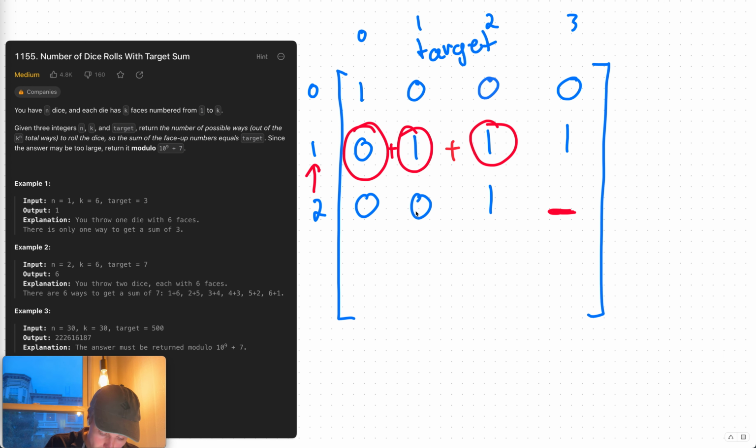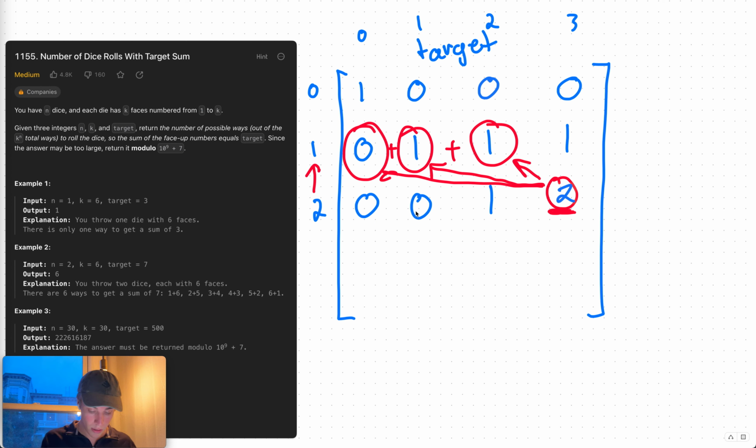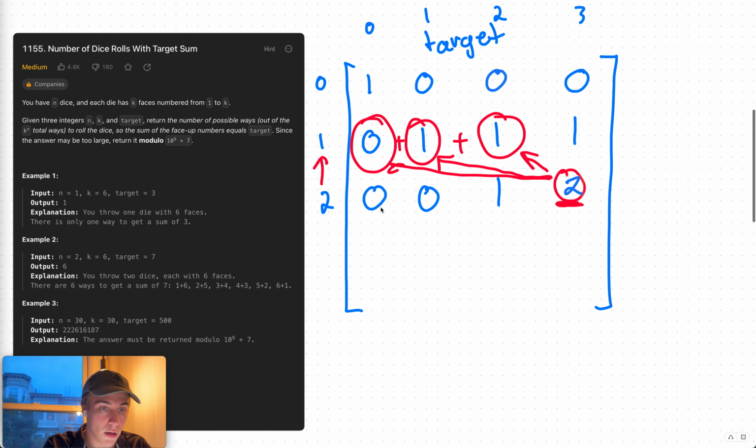So it's just going to be the target that I'm trying to find now minus 1 face of the die, which gives us the face here, and then another one, and then another one. And so I can see now that it would be 2. So I think my relation is now visually described, as well as hopefully vocally.